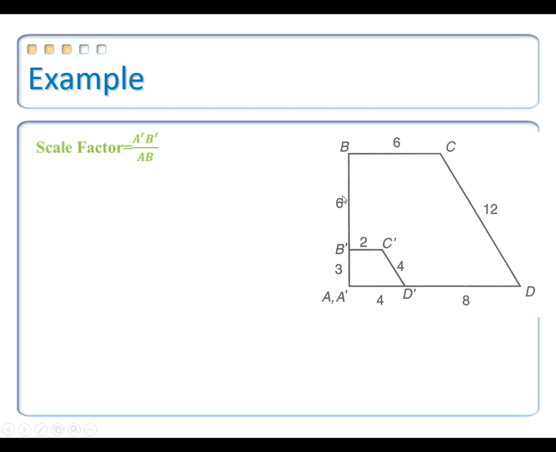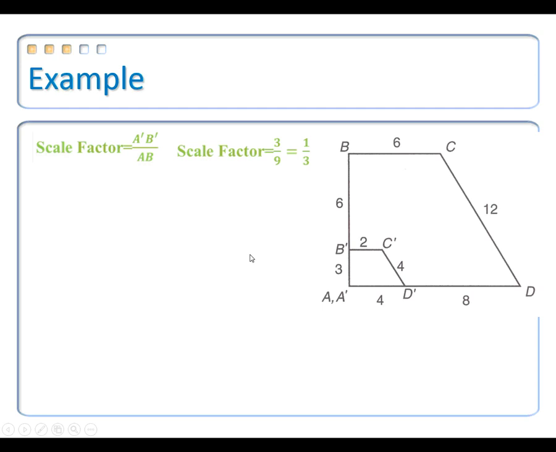AB is not 6. 6 goes from B prime to B. How would I figure out the length of this whole side right here? You would add the 3 to the 6. So A prime B prime consists of the 3 and the 6. It's from here all the way to here. So 3 plus 6 is 9. So I'm going to do 3 over 9, which reduces down to 1/3.